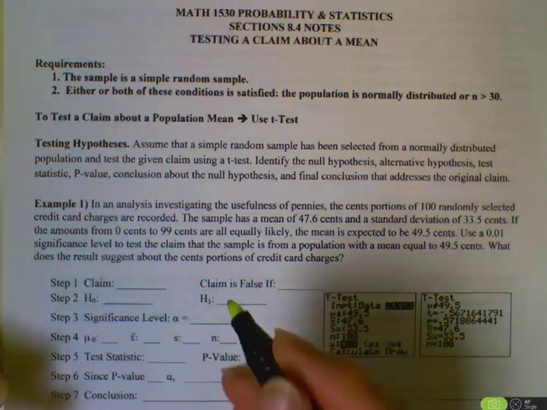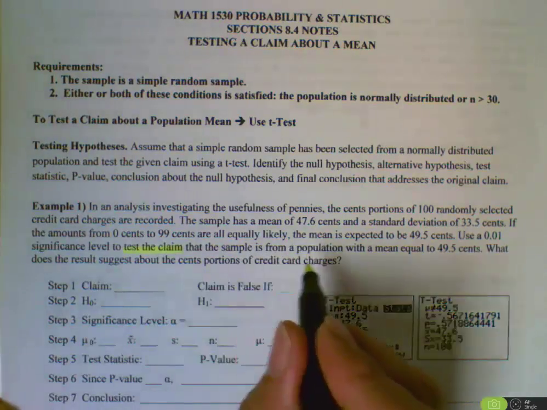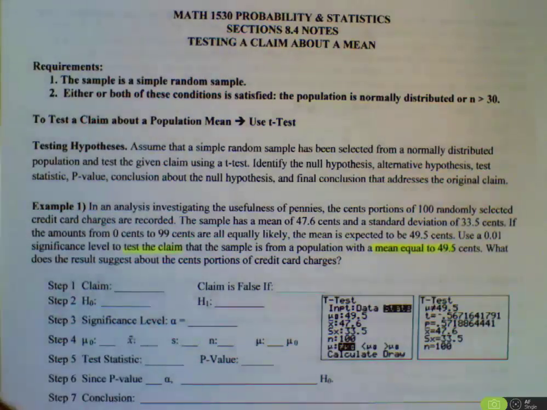We need to look for our key words here that tell us what to do on this problem. We're testing a claim, and the only two claims we know how to test are claims about proportions and claims about means. So which one is this? This claim is that the sample is from a population with a mean equal to 49.5 cents.